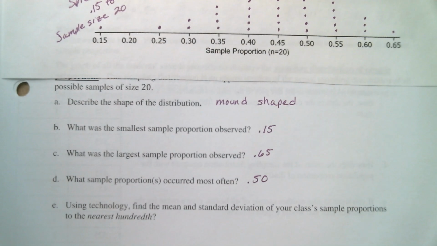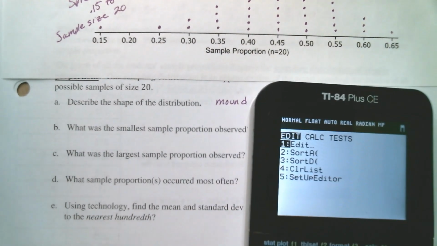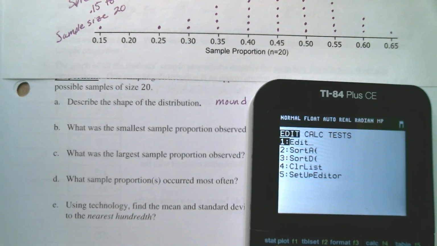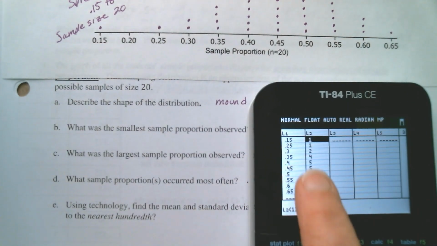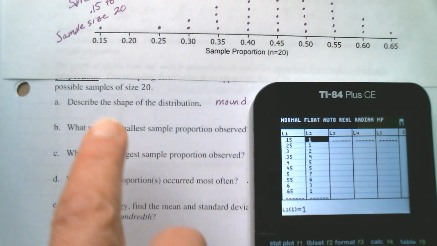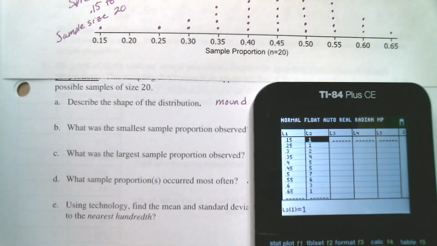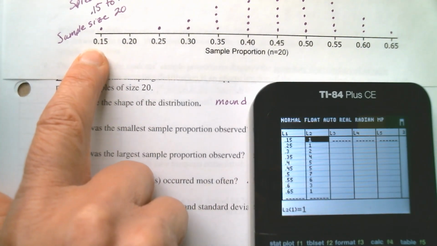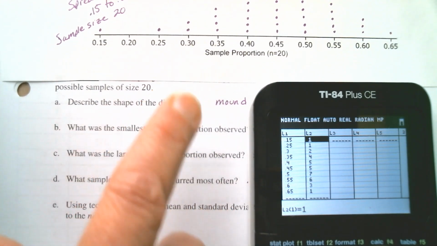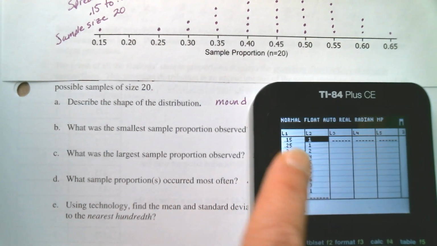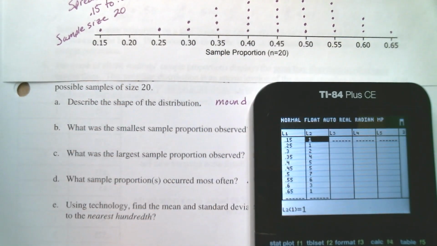To save time, I have that in my calculator already. We would have gone to Stat, Edit, and in L1 we would have placed the sample proportions, and in L2 the frequency, the number of times each sample proportion occurred. Like you see here for 0.35, the frequency was 4, that occurred 4 times.